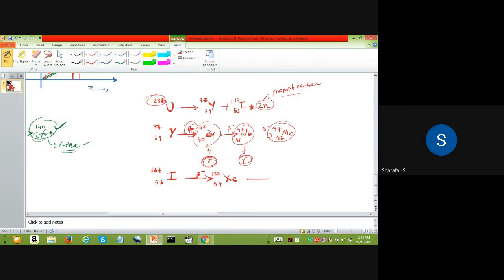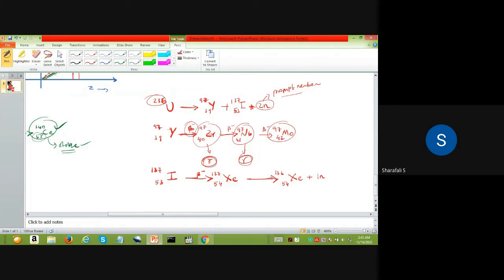Then something different will happen. So after that, this xenon, again this xenon with 136 and 54 will form, and plus 1 neutron will be released in this particular.